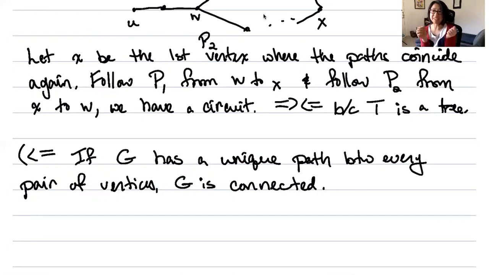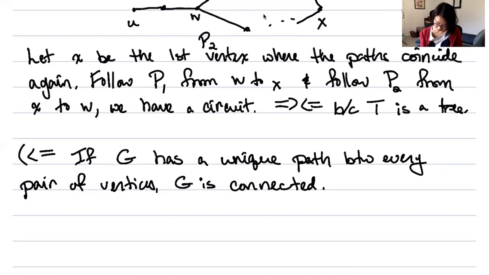again because if I had a circuit, then I would get two different paths. If I had a circuit, and I picked two vertices in that circuit, I would have two different paths joining those vertices.